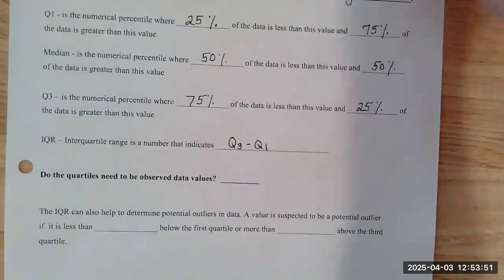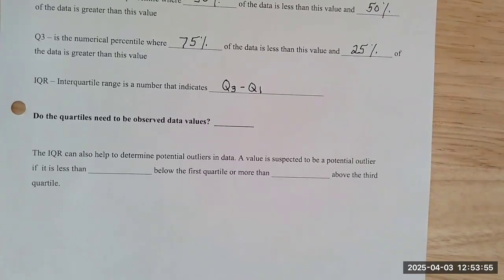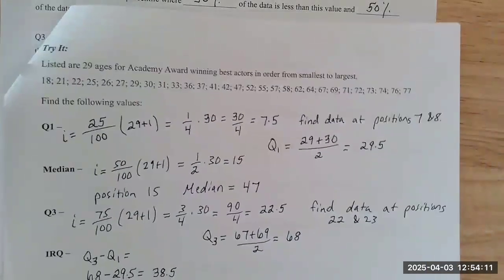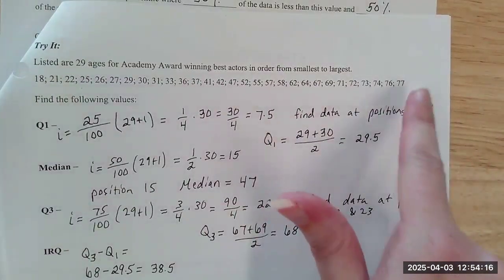So the next question is not necessarily an intuitive question, but it says, do the quartiles need to be observed data values? And what that means is, does the quartile actually have to be in our list of data values? And our list of data values were these whole numbers up here. Those were the ages of our Academy Award winning actors, right?